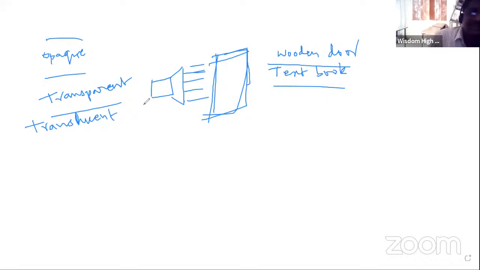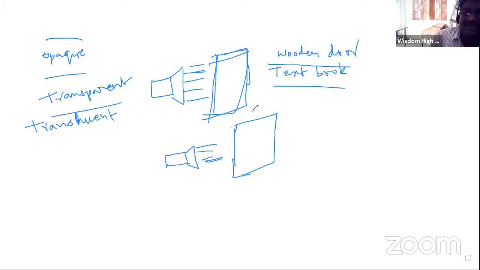Next, transparent. Transparent means, for example, glass. Just revising, we already completed this topic. Okay, before going to discuss the solutions, first we may discuss the relevant terms. For example, transparent glass, spectacle glasses.